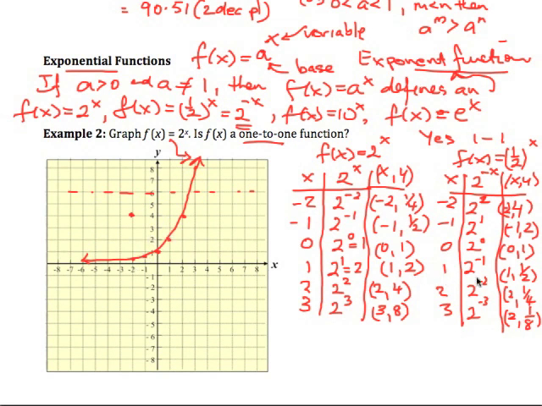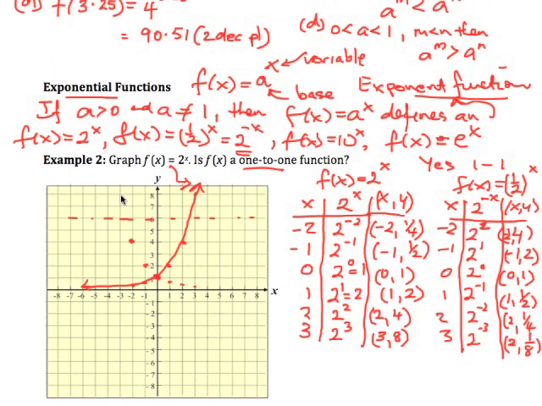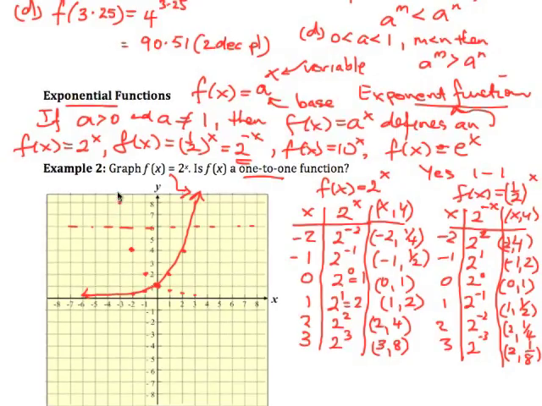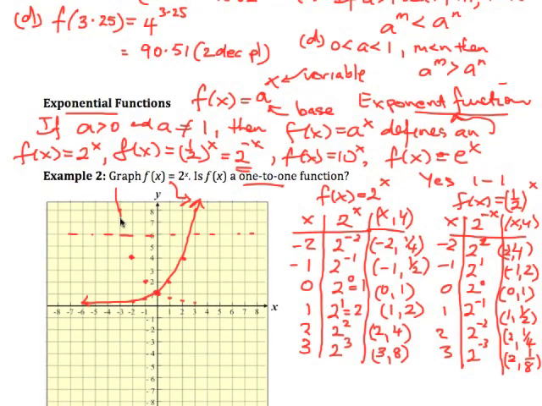Now we look at this one here and we end up with 0, 1 again. We look at negative 1, 2. Then we come down here to 1/2, 1/4, and 1/8, of course. If I did negative 3, it would be 8, so that would be up here. Let's see if I can draw this one.